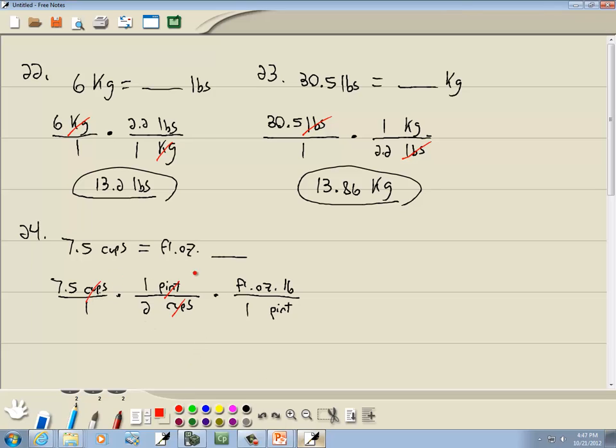Cups, cups, pint, pint. Multiplying across, we have 7.5 times 1 times 16. 7.5 times 16. Got 120. The bottom we got 1 times 2 times 1 gives us 2. That's fluid ounces. And 120 divided by 2 gives us 60. So we'd have 60 fluid ounces.